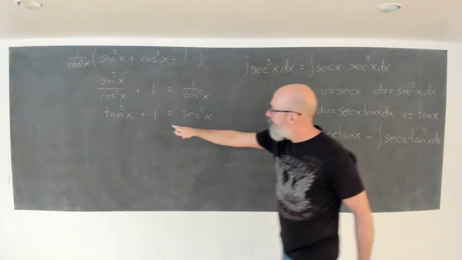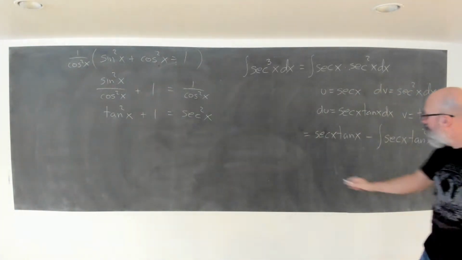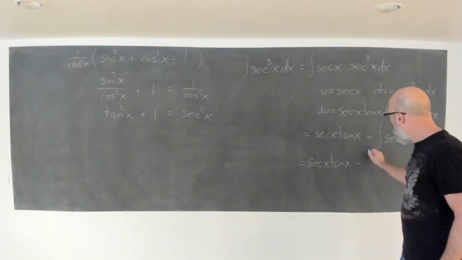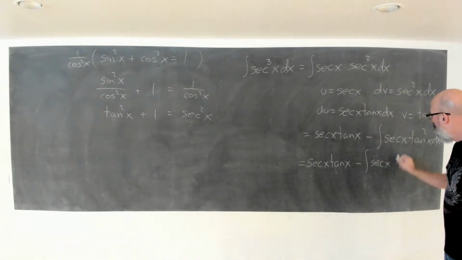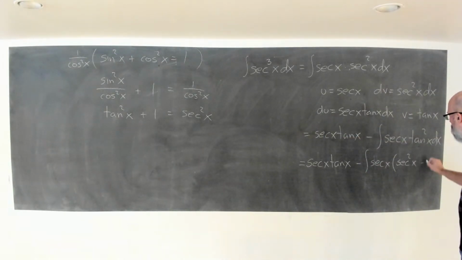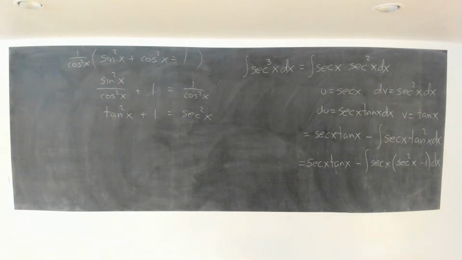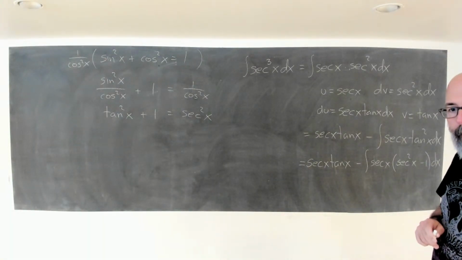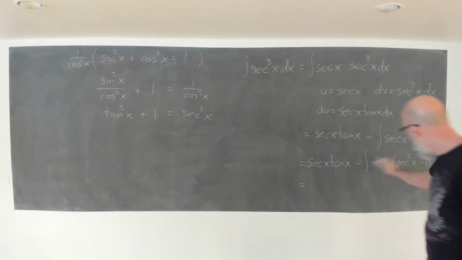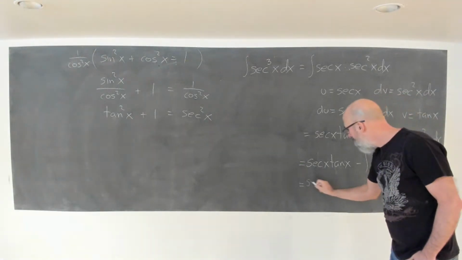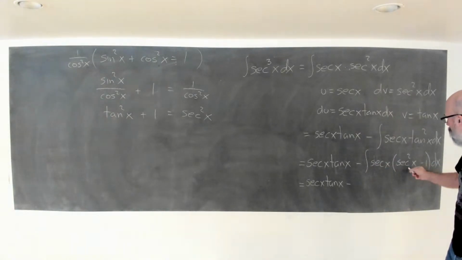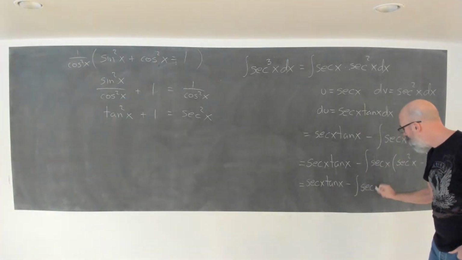So if you replace tangent squared by secant squared minus 1, and expand this out, this times this is going to be the integral of secant cubed.